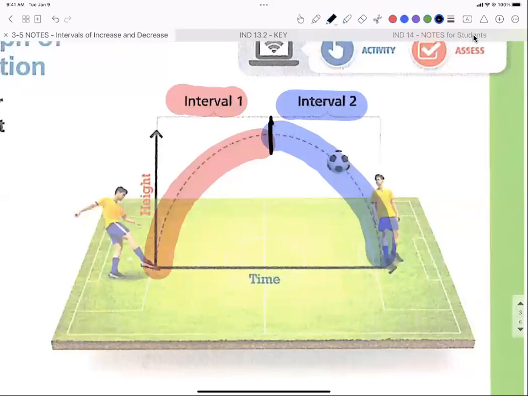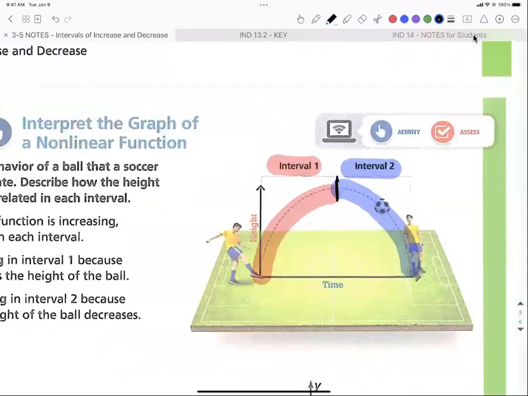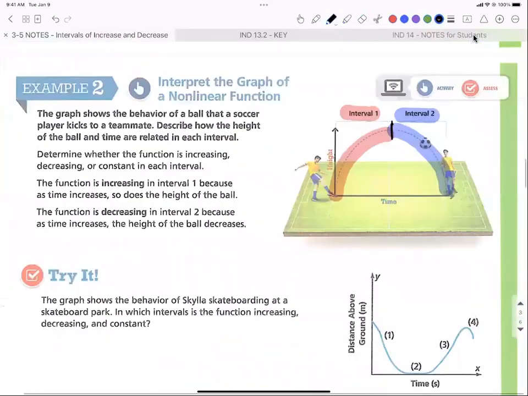And then there's a change happening, whether it be the distance changed, the height changed, the speed changed, whatever changed, that becomes a second interval. Okay, most of the time they'll tell you what's an interval and what's not. But if you need to section it off yourself, just look and see where something changes. Okay. All right. Try it.